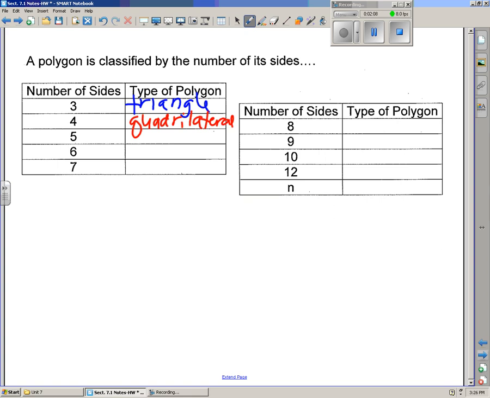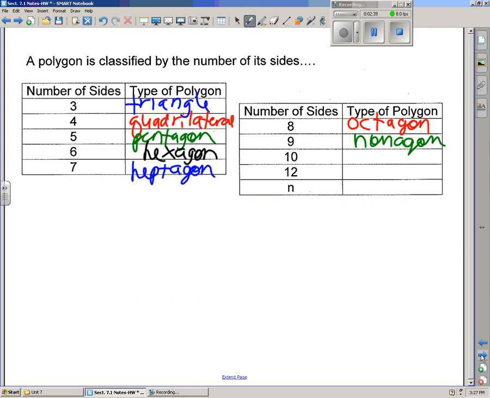Squares and rectangles are types of quadrilaterals. 5 sides is called a pentagon. 6 sides is called a hexagon. 7 sides, I've heard different words for it, but we're going to call it a heptagon. 8 sides is called an octagon. 9 sides is called a nonagon. 10 sides is called a decagon. I don't know why we skip 11, but it's an undecagon. And 12 is called a dodecagon.